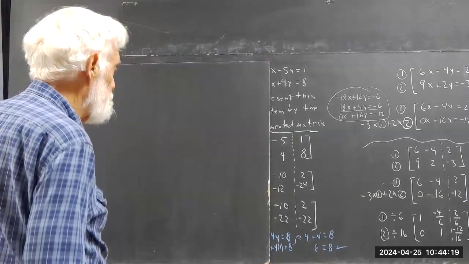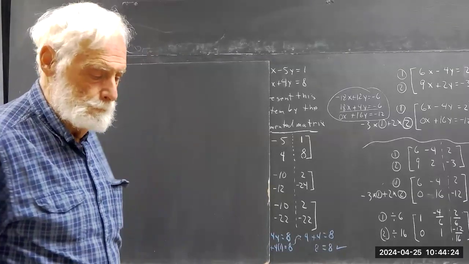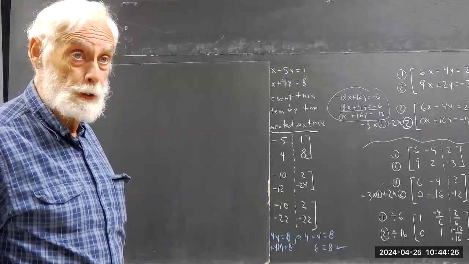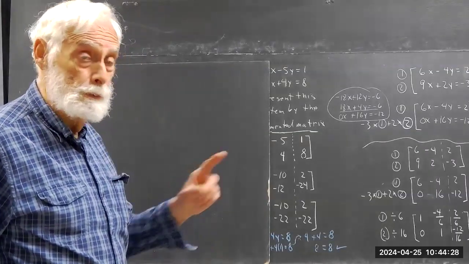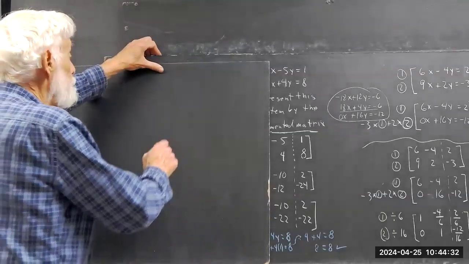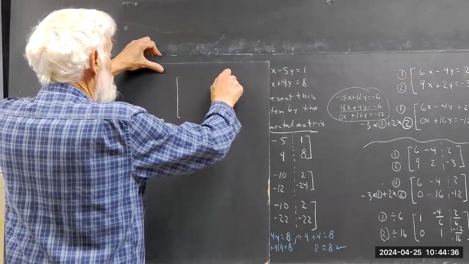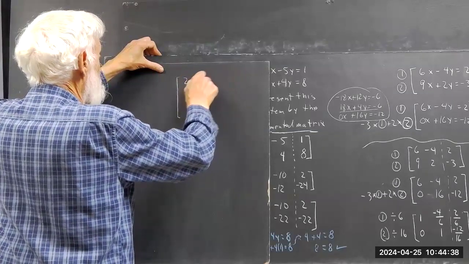Now I'm kind of having second thoughts about that. I want to start solving a system of 3 equations and 3 unknowns. Just going to do a couple of steps. Okay. So I'm just going to write down a matrix.